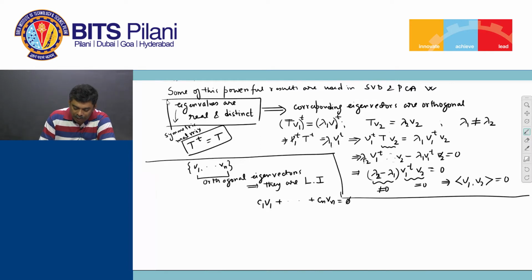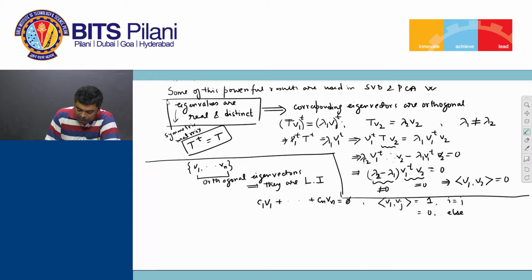I know that these V1 through Vn are orthogonal, which means the inner product of Vi with Vj is equal to 1 if i equals j, otherwise it is 0. Okay, we know this. So let's do this one at a time.